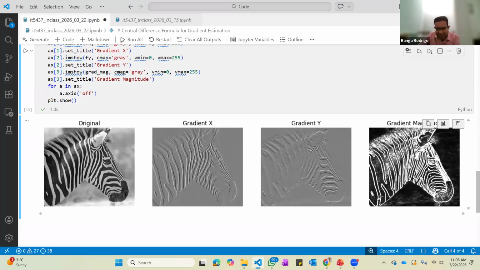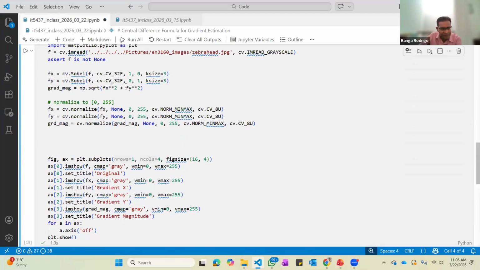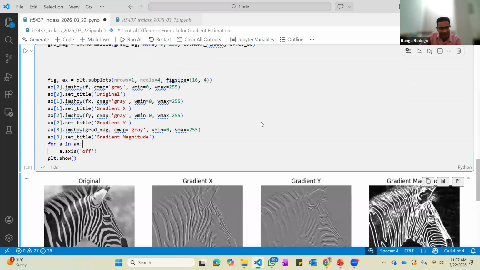With the gradient magnitude, you can see the magnitude values are quite high at the very sharp transitions. That is of the gradient. So you can see clearly that the edges can be either horizontal or vertical. You can see the gradient magnitude. Okay, any questions about that?